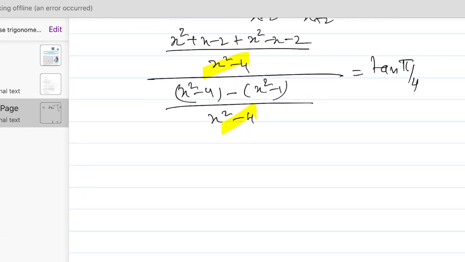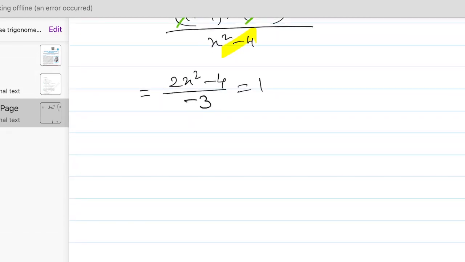We'll have now, what you will get, 2x square minus 4 in the numerator, denominator will become minus 3, and on the right side we'll have tan pi by 4 is equal to 1.